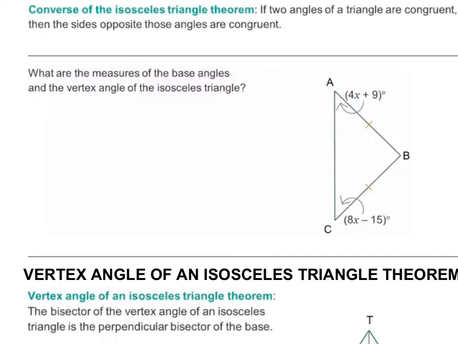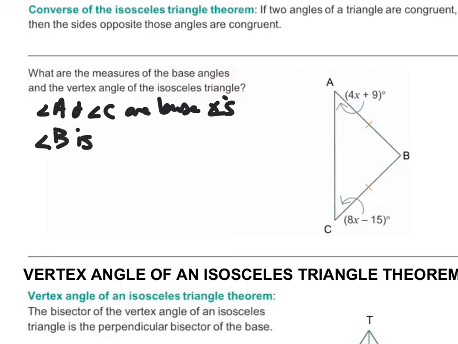All right, so we can apply this idea. If we look at this next example, it says, what are the measures of the base angles and the vertex angle of this isosceles triangle? Let's say that angle A and angle C are base angles, and angle B is the vertex angle.